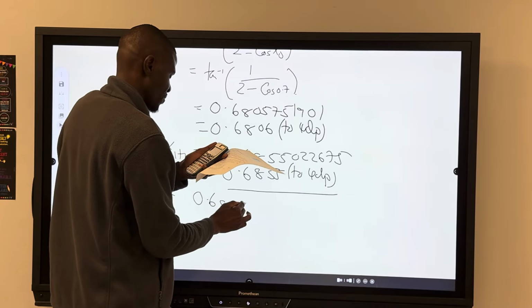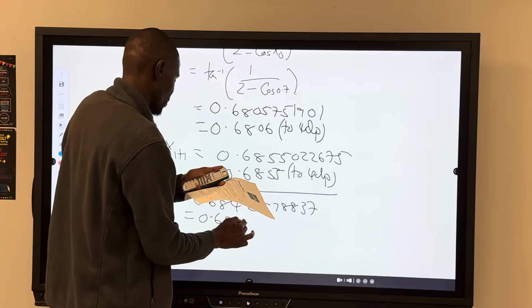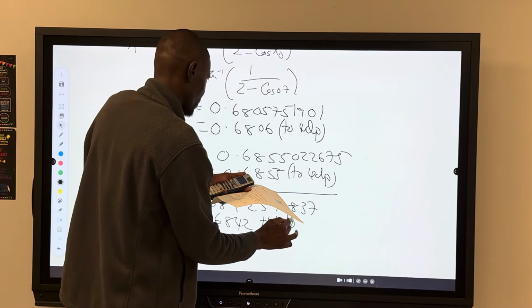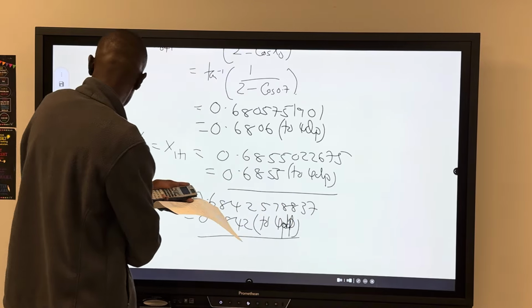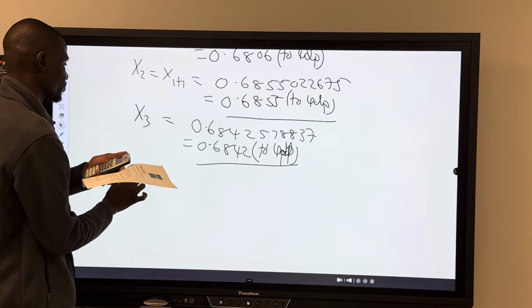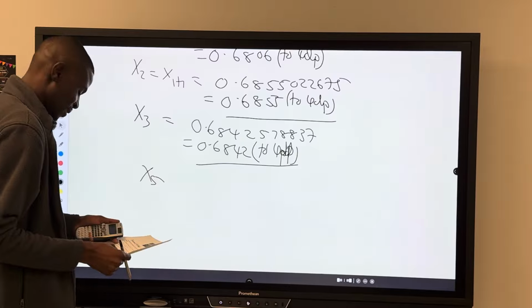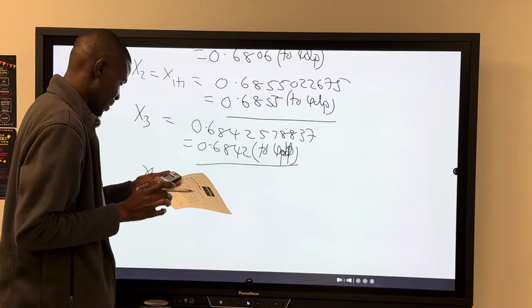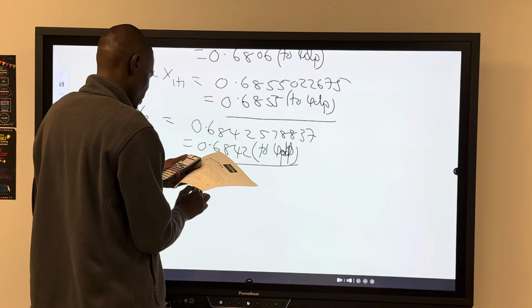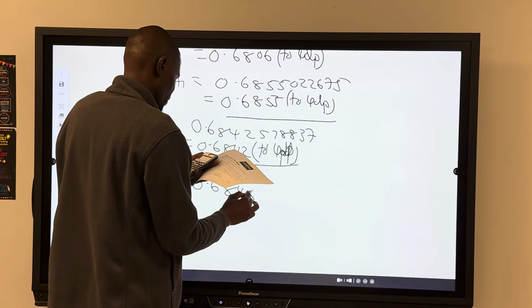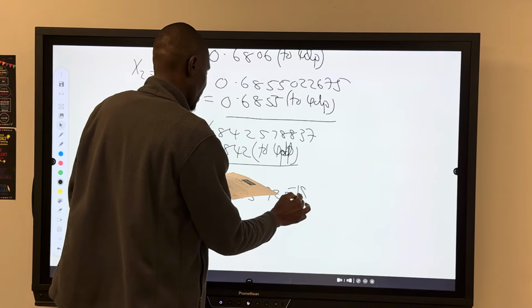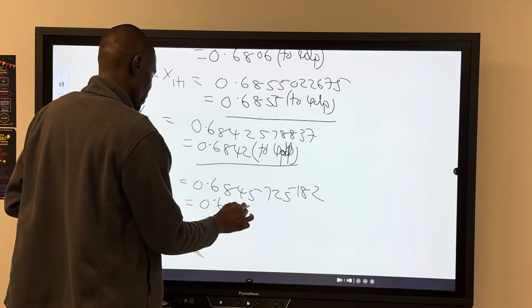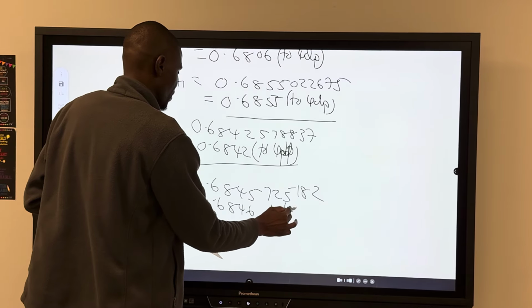Then x3 is 0.68425788837, which is 0.6842 to 4 decimal places. Then x4 is 0.684572518, which is 0.6846 to 4 decimal places.